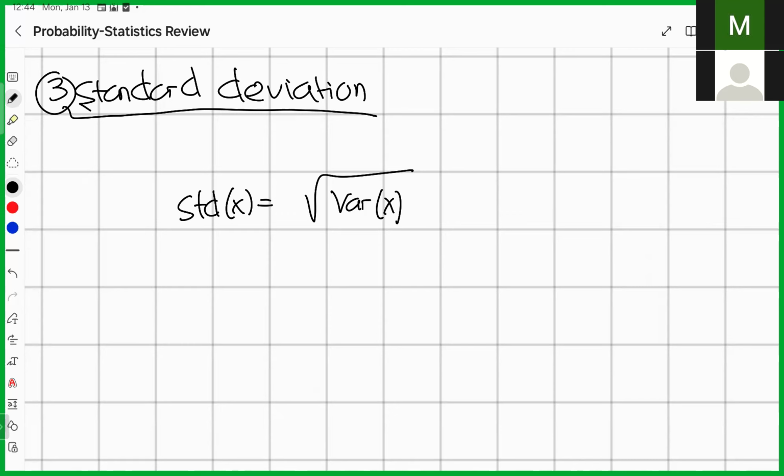So that's the third variable that we have to understand here before we jump deeper into machine learning.